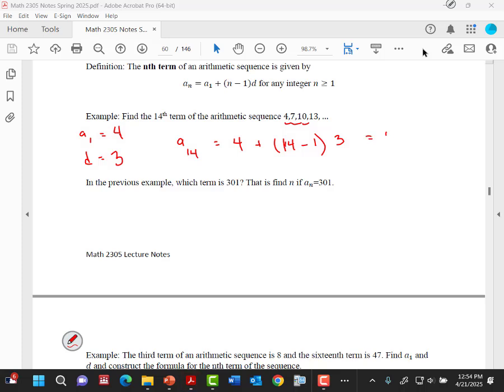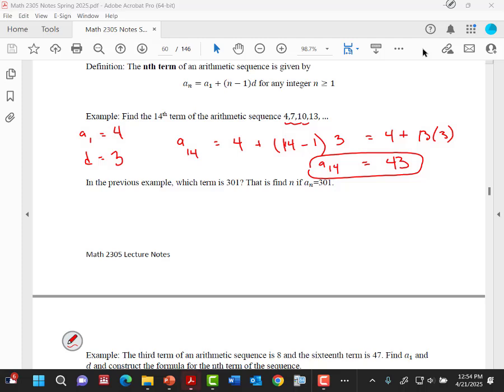So this would equal 4 plus 13 times 3. That's 4 plus 39. That is 43. So the 14th term in this sequence is 43.